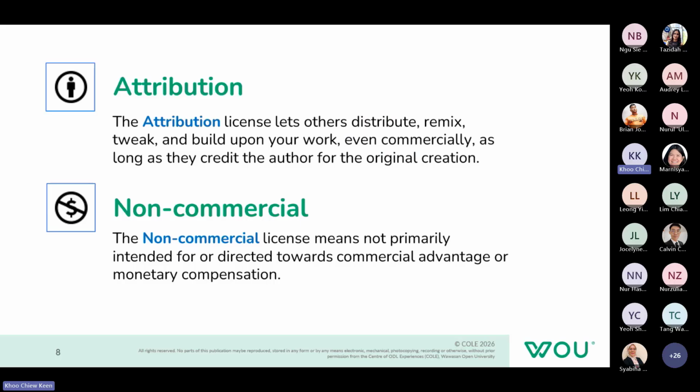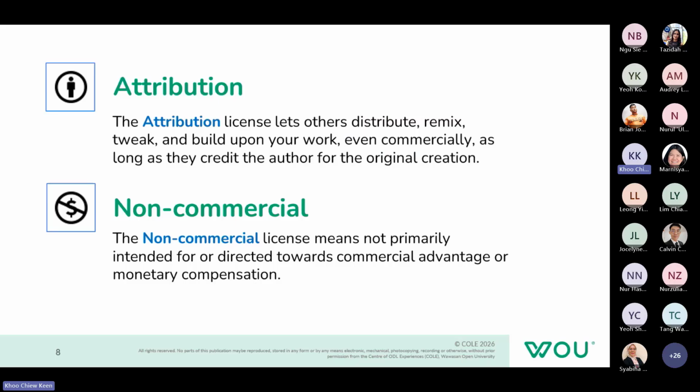That means if you see a CC license with the attribution license, usually it's a CC BY, then you have to attribute the writer when you use the resource as your content for, let's say, a particular course that you are developing.